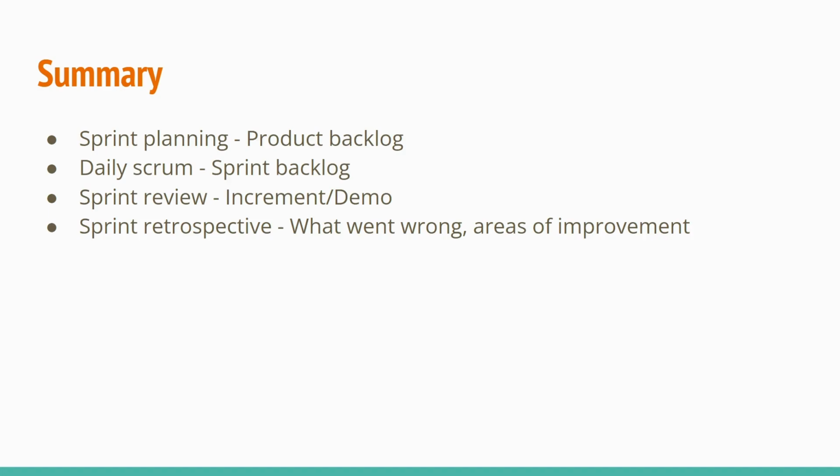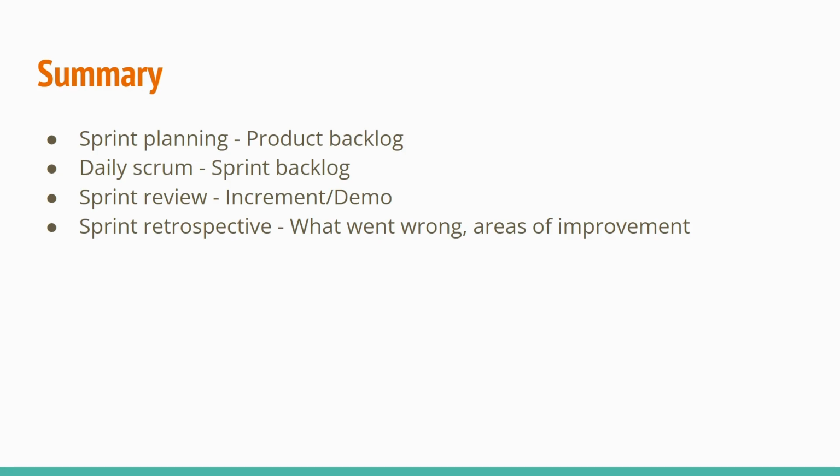And now we'll talk about the summary of what we have learned in this video. So sprint planning. What is sprint planning? Sprint planning is done by the dev, QA and product manager that I have told you before, and it is the product backlog. Okay, so we are taking the product backlog. For example, we are taking the tasks that are planned and we will talk about this in the sprint planning meeting.